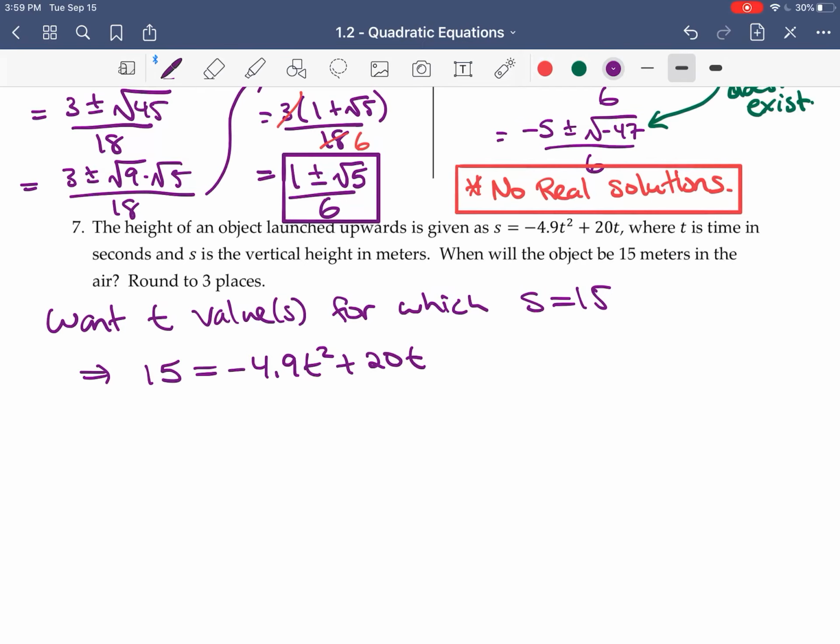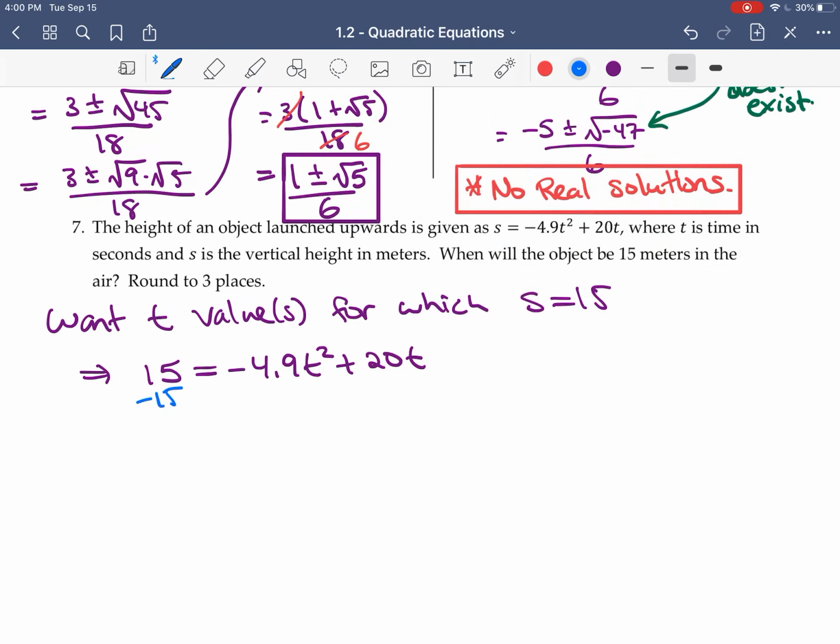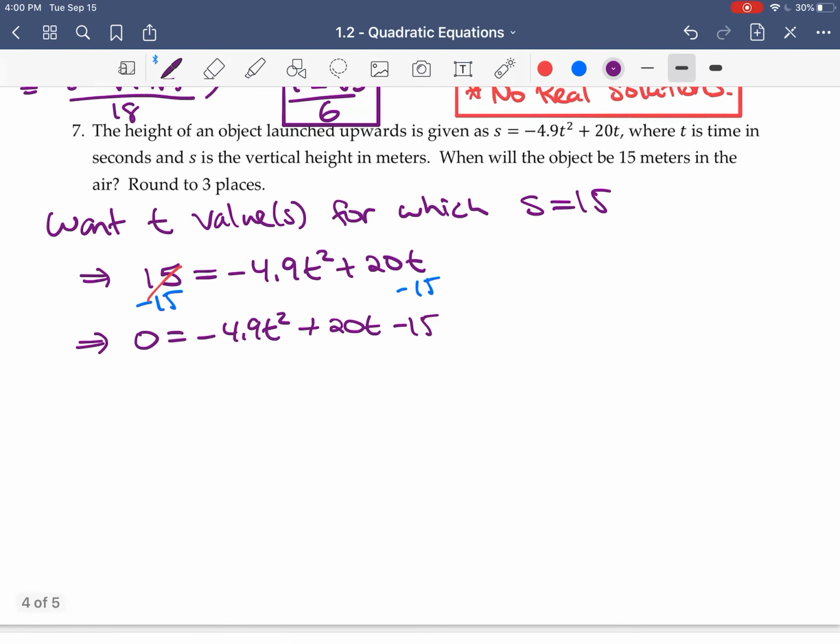Okay, so let's move everything to the right-hand side. So I'm going to subtract 15 on both sides. That's going to make this a 0. So I have 0 equals negative 4.9 t squared plus 20t minus 15. Now this is a hard one to factor, so I'm going to use the quadratic formula. So let me just write here, quadratic formula, because now I'm in the right form.